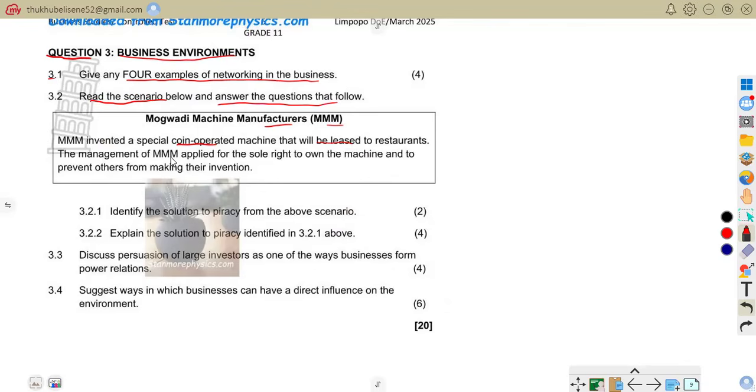The management of MMM applied for the sole right to own the machine and to prevent others from making their own invention. 3.2.1: Identify the solution to piracy from the scenario above.